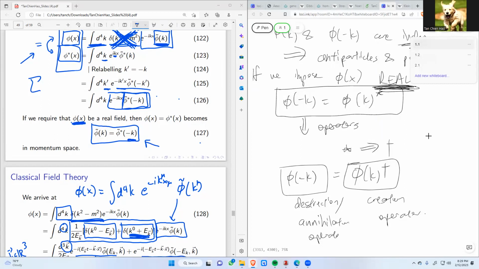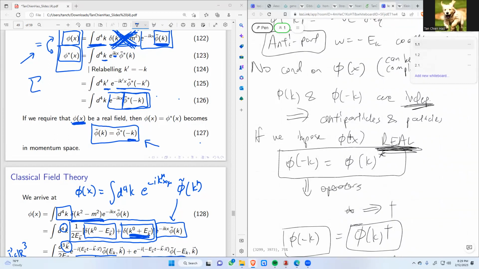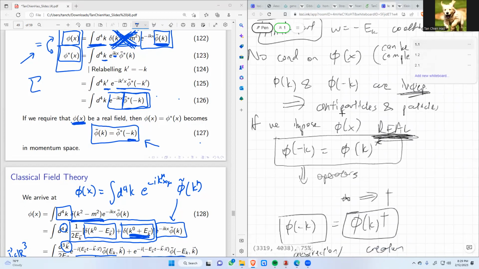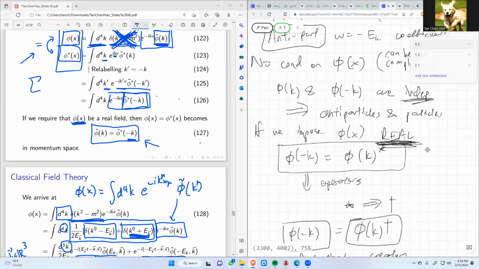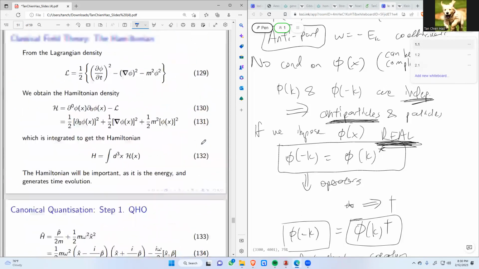So a real field essentially relates particles with antiparticles in a way that makes it impossible to have antiparticles having a life of their own.